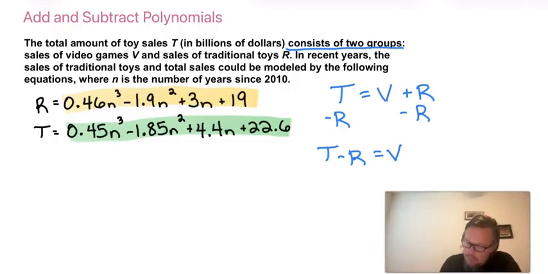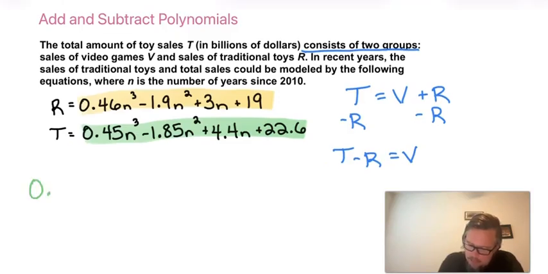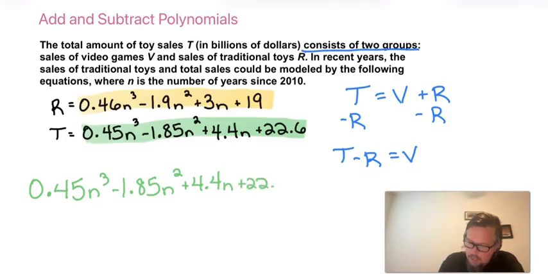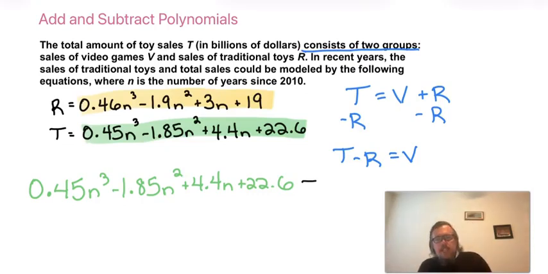Okay, so here we go. So total sales, I'm going to write out as 0.45 n cubed minus 1.85 n squared plus 4.4 n plus 22.6. And then I need to subtract the traditional sales, which is the second equation.